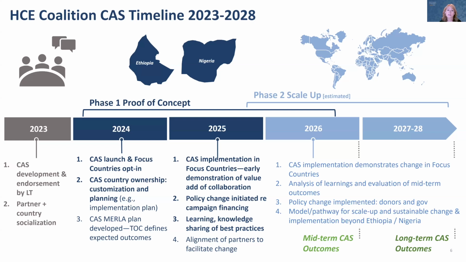Finally, you can see from the timeline that we're still in early implementation. In the coming months, the coalition will be hosting a webinar to share information from the financing analyses and policy solutions that Nigeria and Ethiopia have undertaken, as well as sharing the learnings and the results of their integrated campaigns. So stay tuned for future webinars in the coming months.